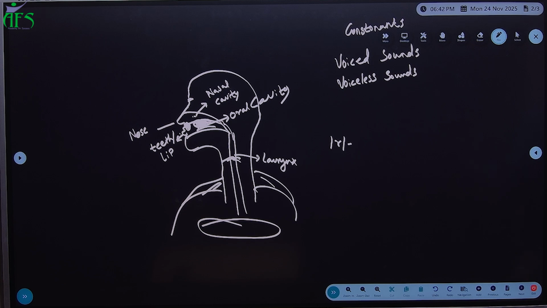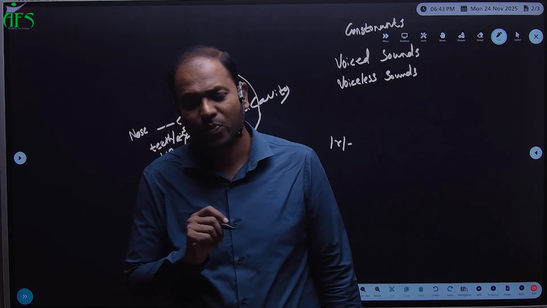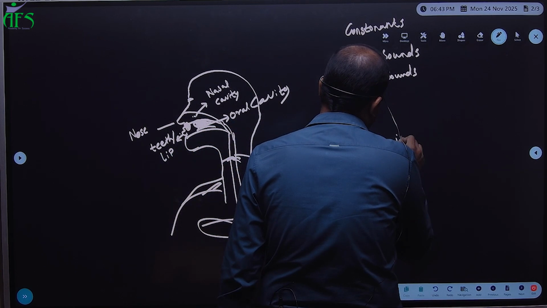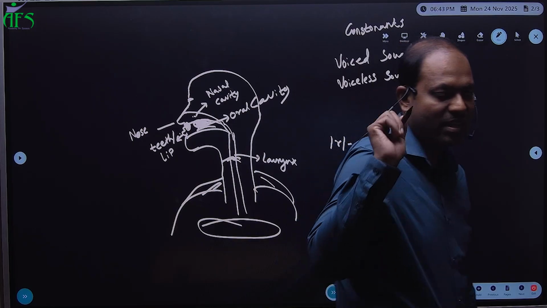After the hard palate, from the outer side to the inner side, the soft palate is there, which is also called velum, right? For example, the English sound yo, as in words like ear, yes, or you. The sound is represented like this.